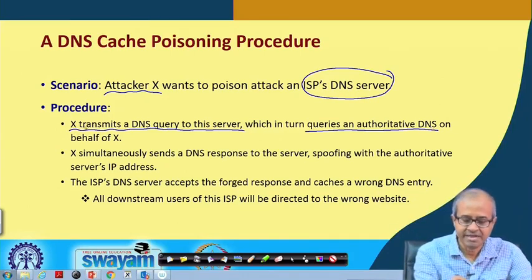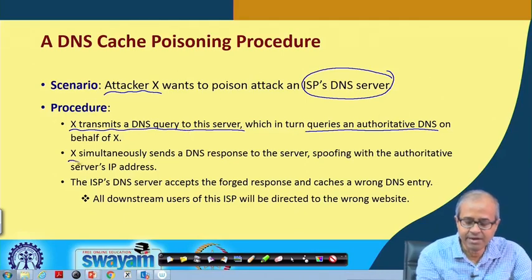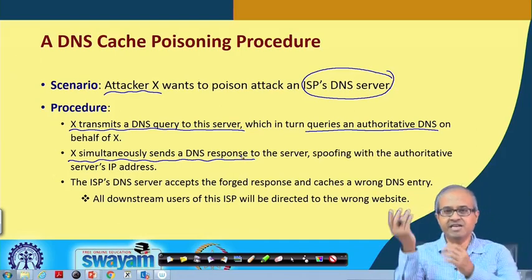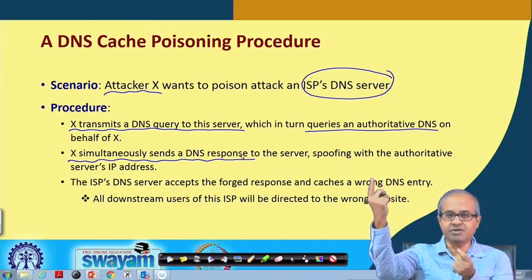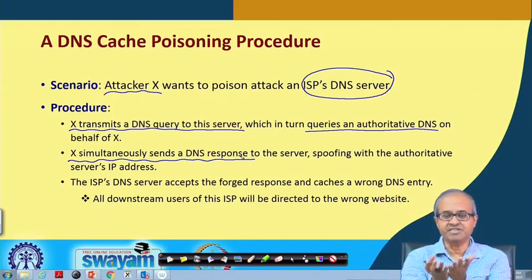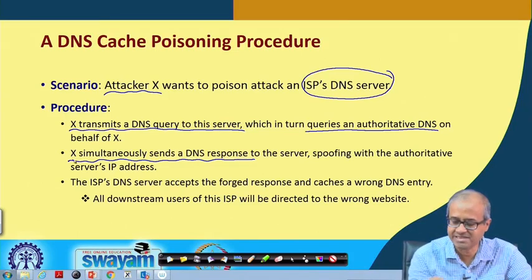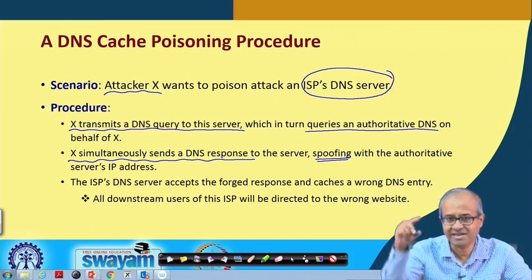But what the attacker will do, just immediately after sending the query, is also send back a corresponding DNS response. So, the ISP's DNS server may feel that, I had sent a request to the root server, and that response is coming back now. For that purpose, X spoofs the IP address with the next higher level DNS server's IP address.